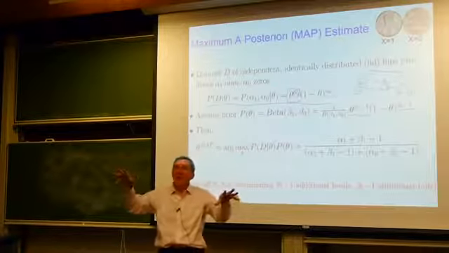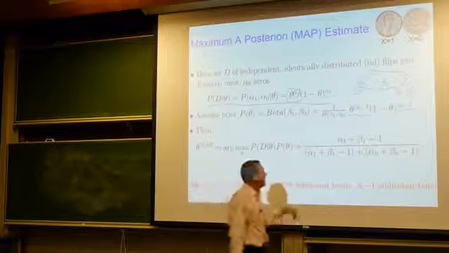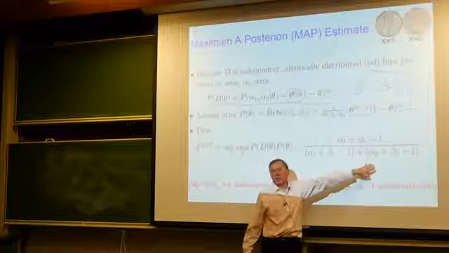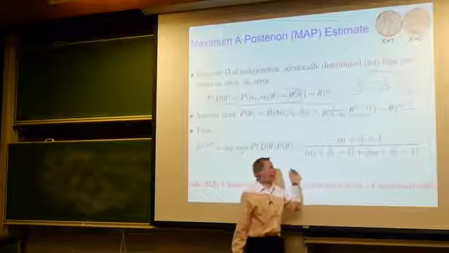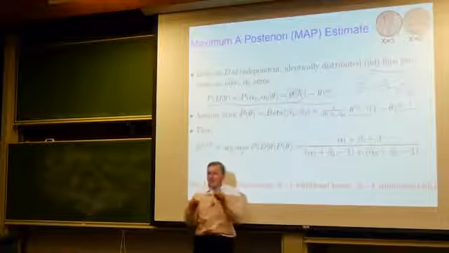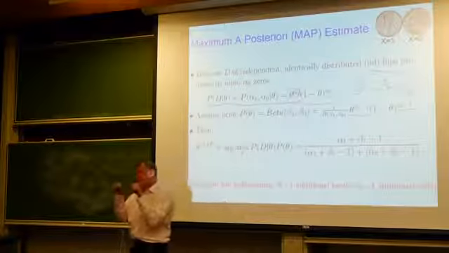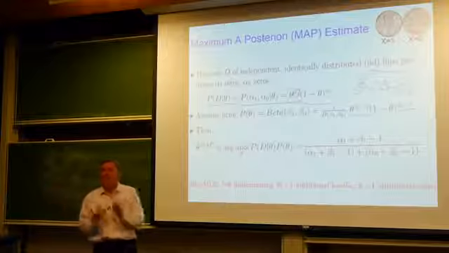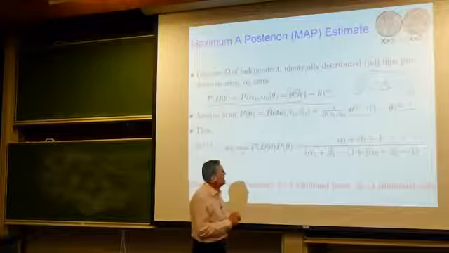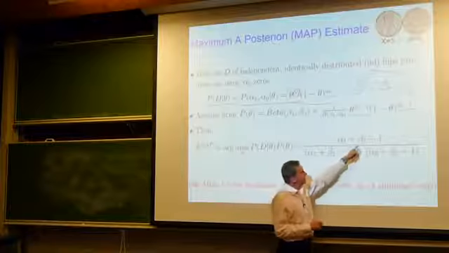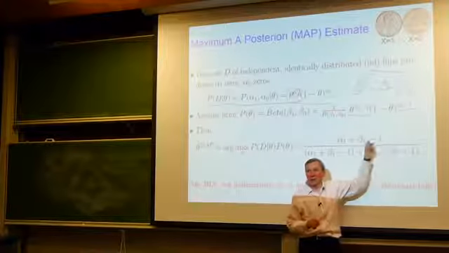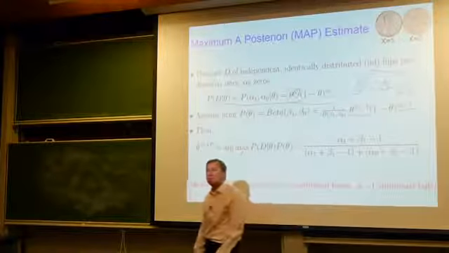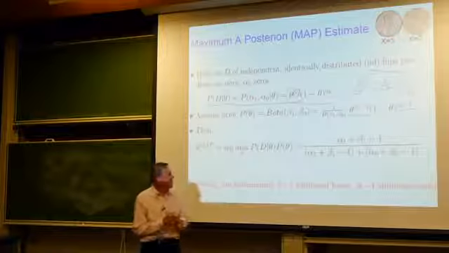But it also lets me say how strongly I want to rely on that prior when I calculate the final answer. And that's a matter of what quantity of hallucinated examples I introduce in addition to what ratio I use for beta 1 to beta 0. So that's very nice form.